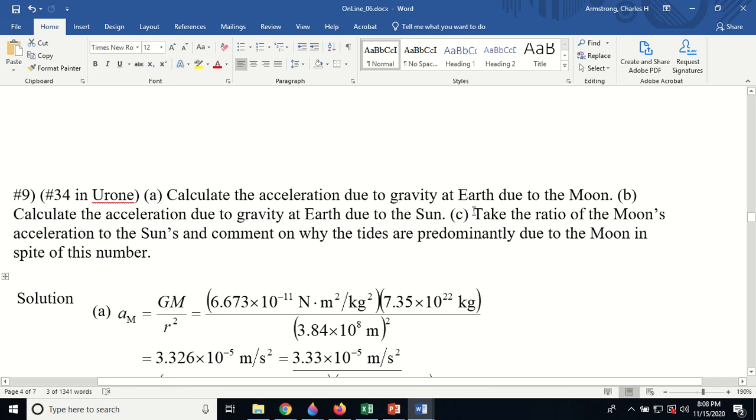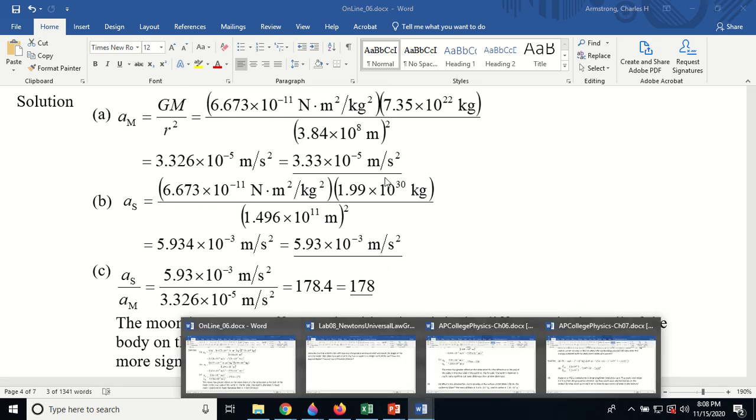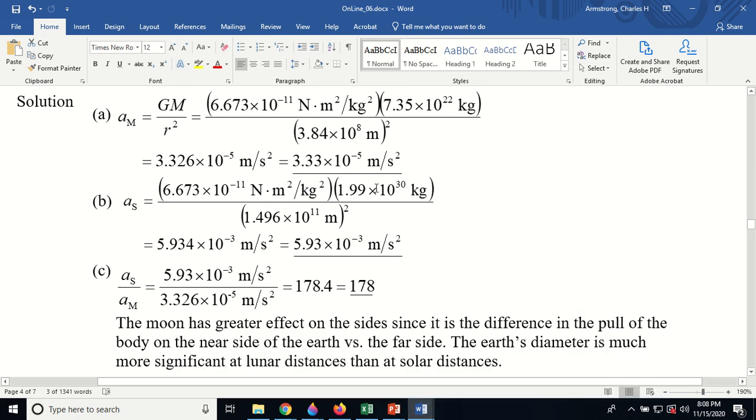Calculate the acceleration due to gravity at Earth due to the sun. All right, so now what we do is we stick in the mass of the sun. You can look it up. It's going to be 1.99 times 10 to the 30th kilograms, and then the distance between the Earth and the sun. So now this is distance from Earth to sun.